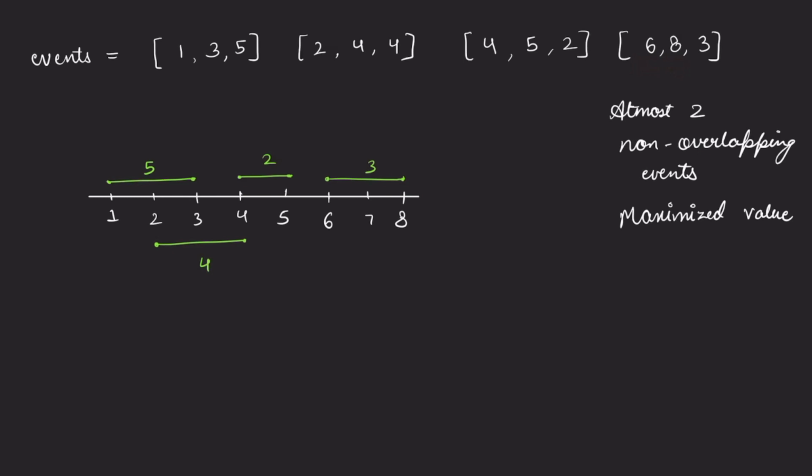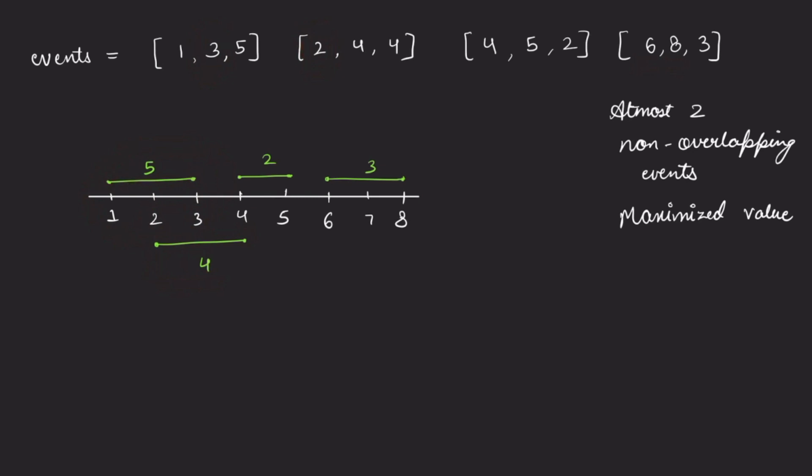Now if you see, these two events are overlapping at this particular part. Why? Because the end time of this event, which is 3, is greater than the start time of this event, which is 2. That means these two are overlapping events, so we cannot attend them together. Another case is that the end time and the start time of two events should not be equal, because start and end are inclusive.